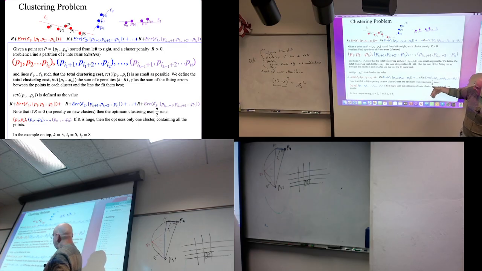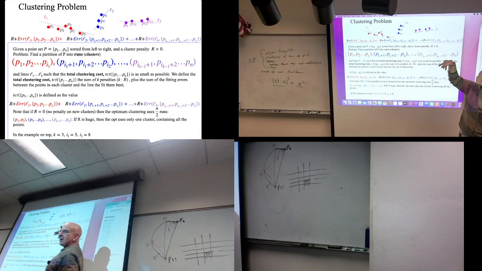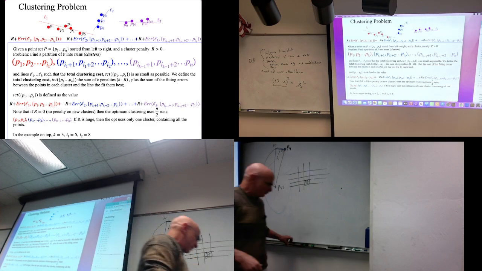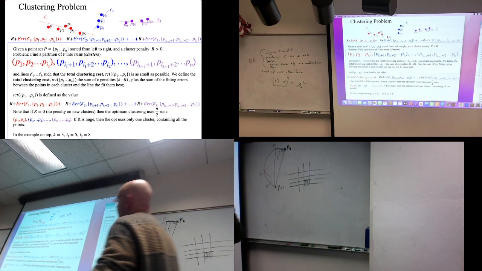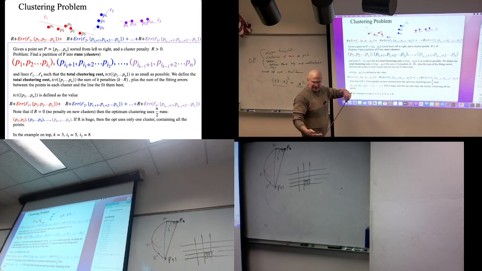Now, if the penalty is huge, then you don't want more than one cluster, because no matter what the numerical error, it will not balance. If the penalty is close to zero, every pair of points will be a cluster, because then you can afford many clusters.